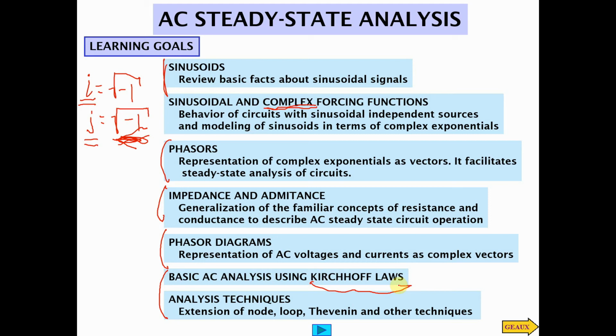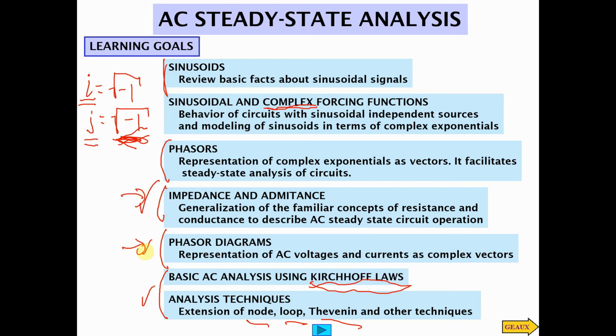Kirchhoff's laws are applicable, and other techniques, node, loop analysis, etc., are all applicable. So we're going back to what you know. We're trying to build mathematics that builds on what you already know. Just need to add some new things.